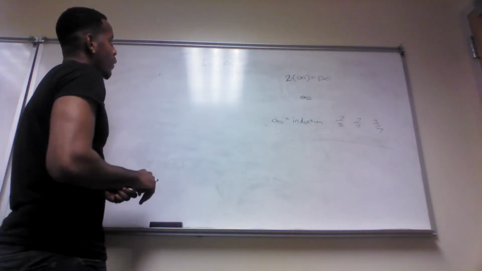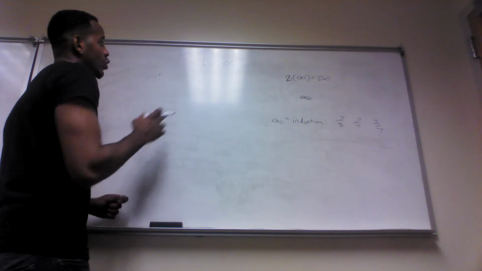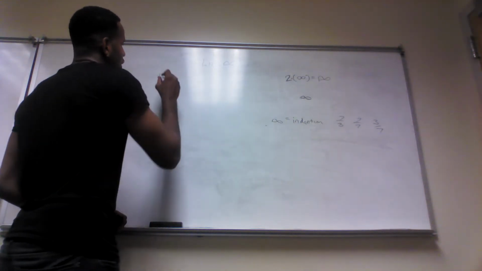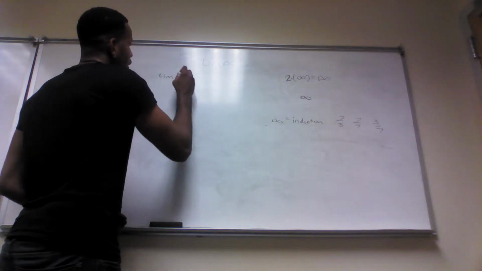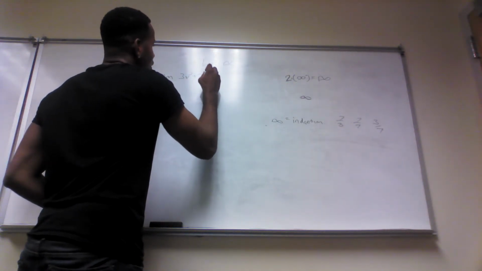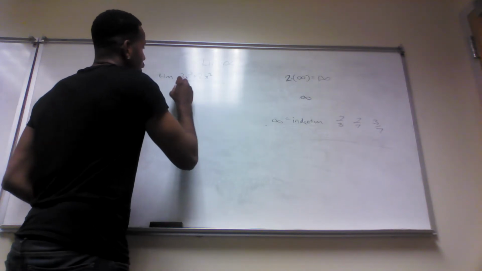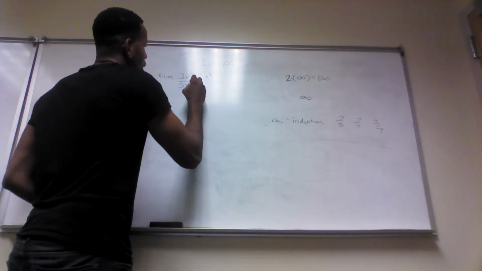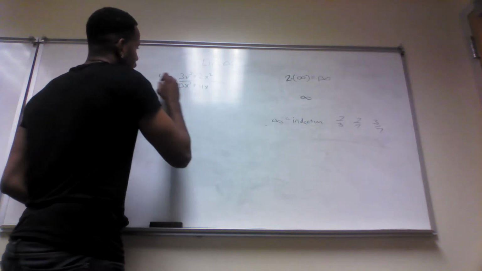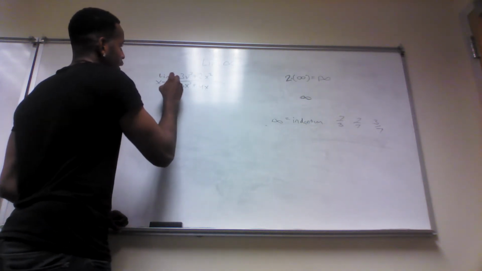Let's look at what happens when we apply the rules to this equation. The limit of 3x cubed plus 2x squared over 3x cubed plus 4x as x approaches infinity.